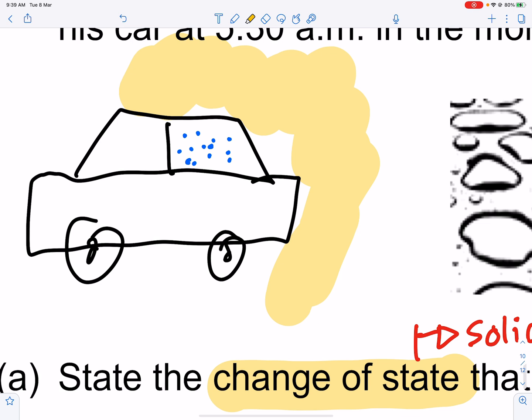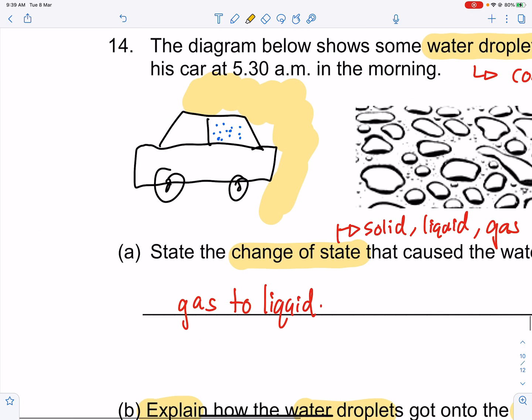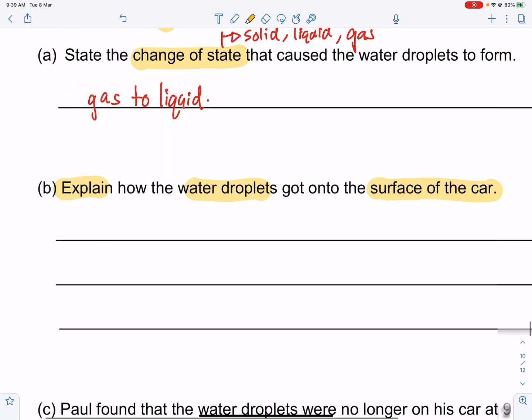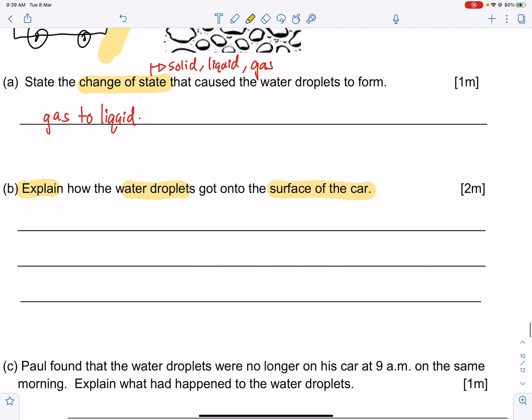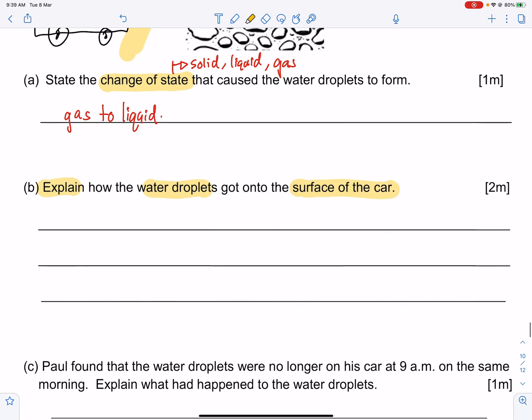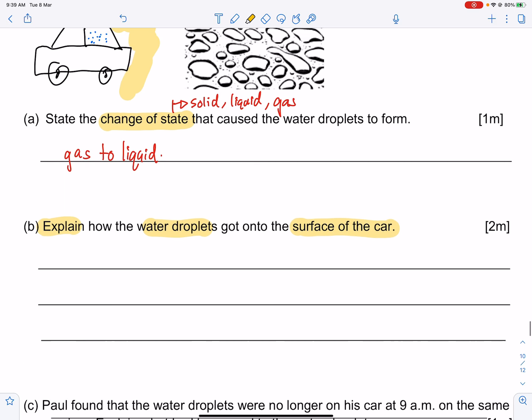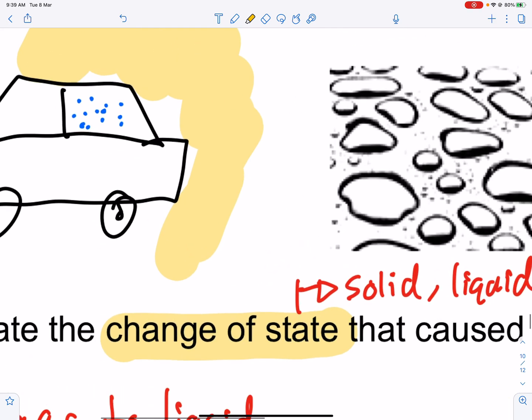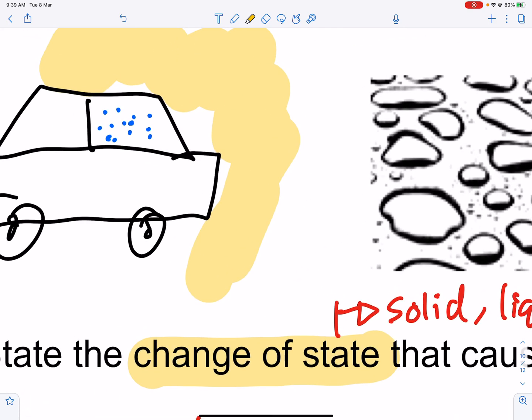Now, where is this water vapor? This water vapor is in your surrounding air, because air is basically a mixture of different types of gases. One type of your gases is actually water vapor. So you have to tell me where the water vapor came from. You cannot just say water vapor. You know why? Because water vapor also exists inside the car, right?